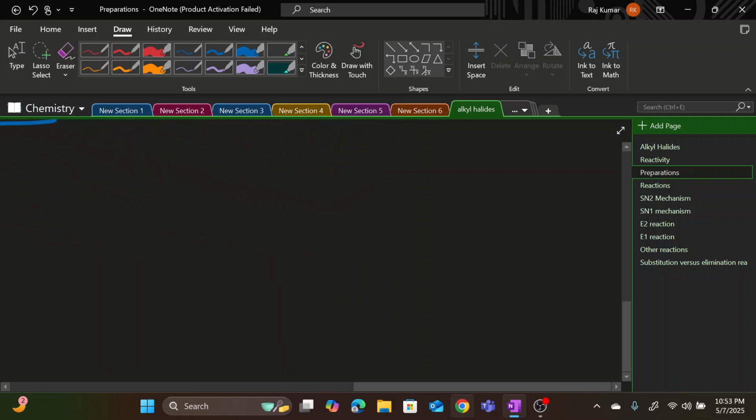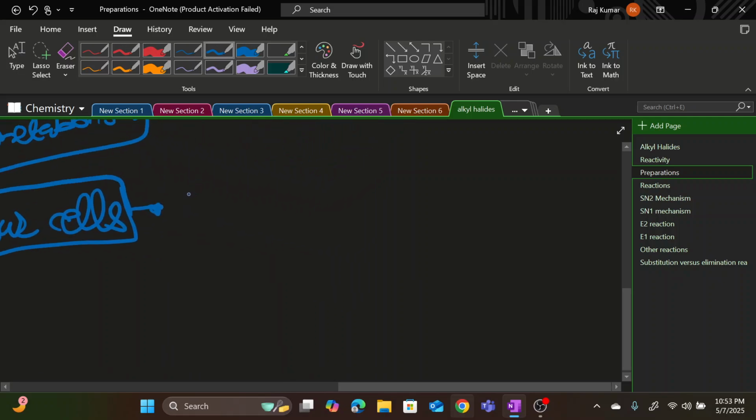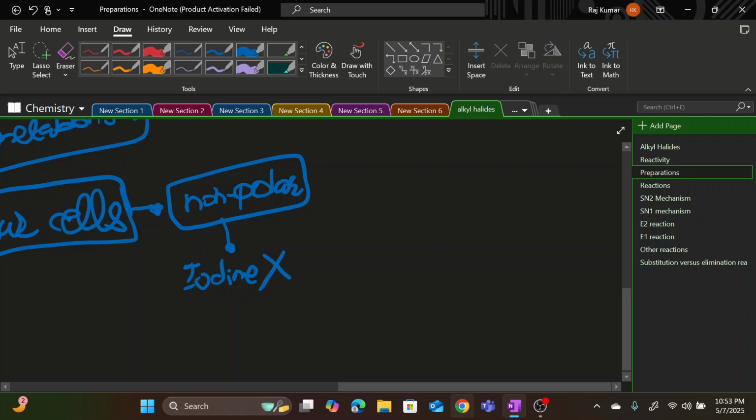But the problem is the body cells have a cell membrane which is non-polar, and that non-polar cell membrane does not allow the polar iodine, because iodine is a halogen, it's electronegative, so it's polar, to come inside the cell.